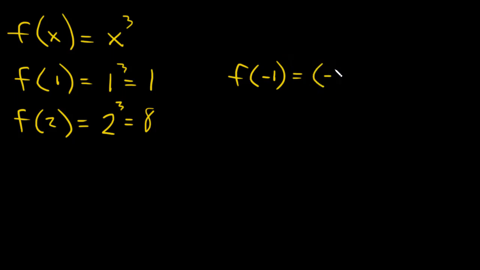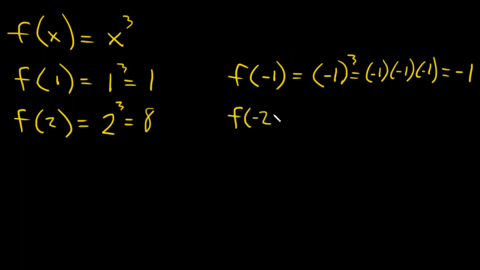That's going to be negative 1 cubed, which is negative 1 times negative 1 times negative 1, which is negative 1 times negative 1 is positive 1 times negative 1 is negative 1. F of negative 2 is going to be negative 2 cubed, which is negative 2 times negative 2 times negative 2. Negative 2 times negative 2 is positive 4 times negative 2 is negative 8.